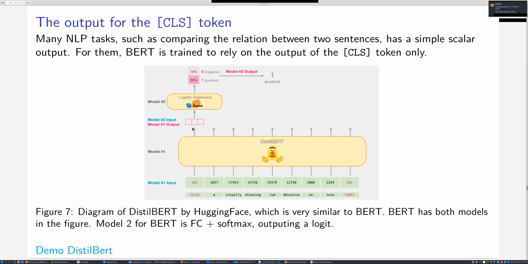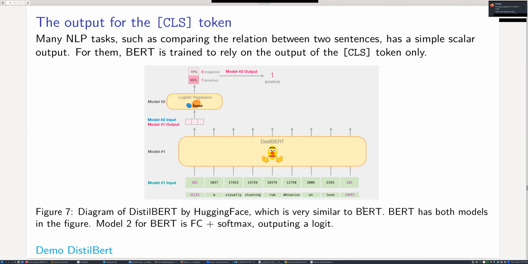So the embedding of the CLS token is basically the weighted sum of all the other tokens, and the weights are determined by the attention from CLS to every other token. Because CLS is not a real English word, you can treat the attention between CLS and the other tokens as the importance of each token in the sequence.